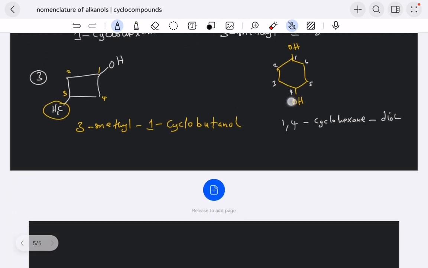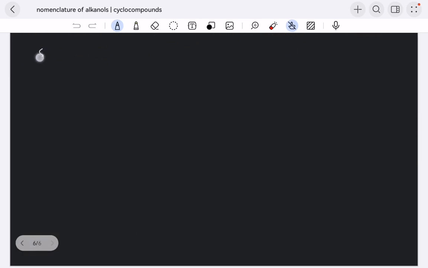Now let's look at an example where double bonds are involved. So we have a double bond here, then we have the OH there. So how do we name this? So again, the priority is given to the hydroxyl, so it becomes 1, 2, 3, 4, 5, 6.